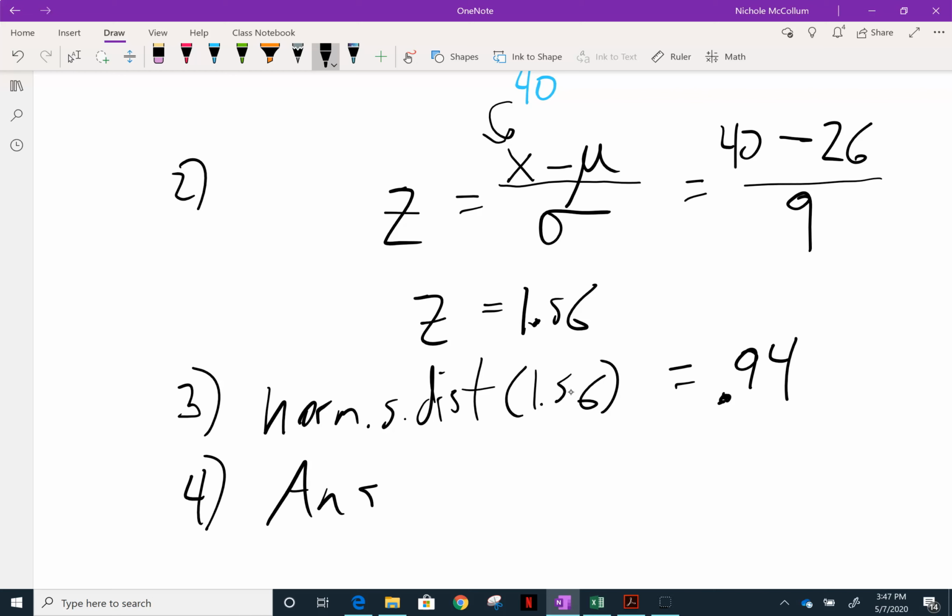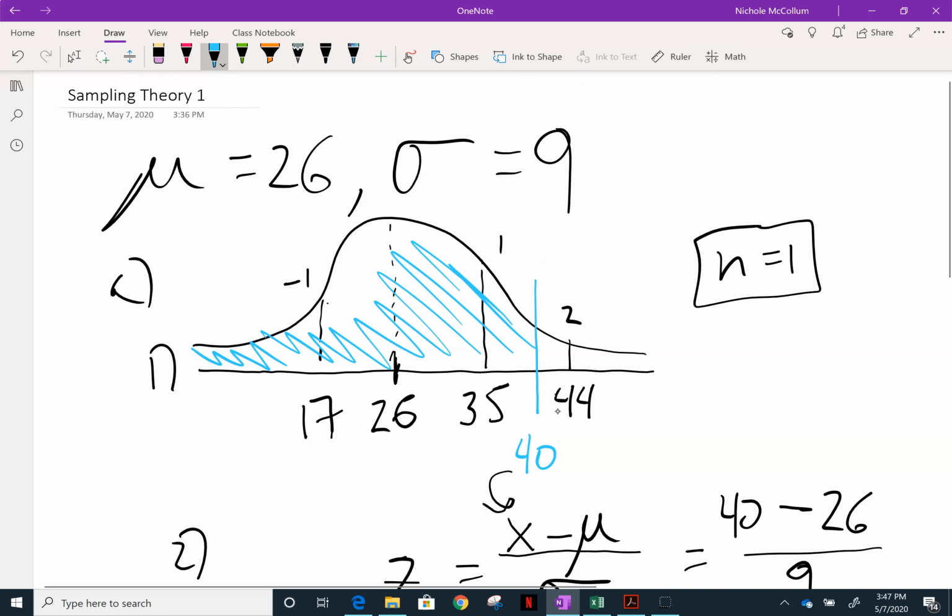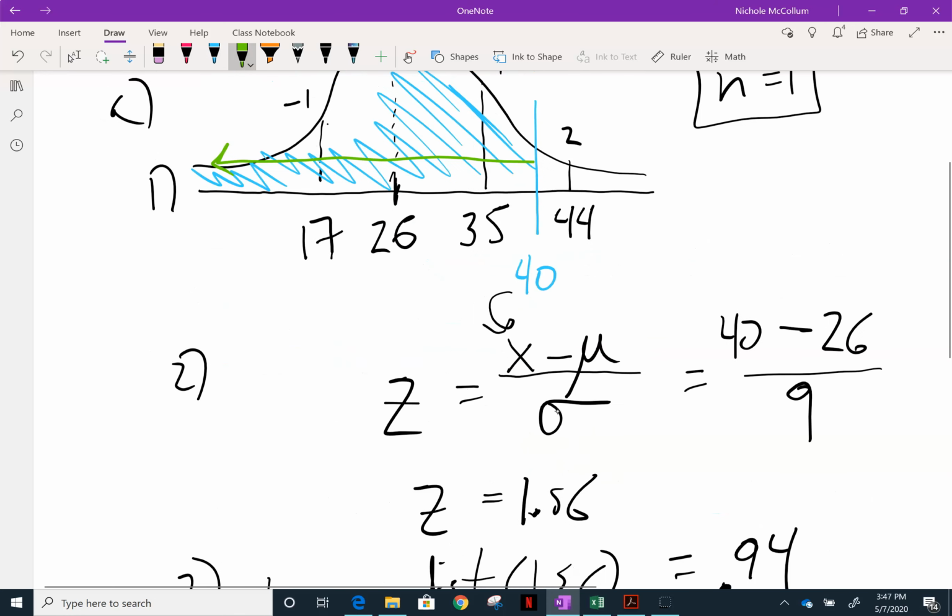I always like to pause to make sure this is the answer I'm looking for. Well, let's be careful again. NORM.S.DIST is the area below the bar. This bar, the area below the bar, is 0.94.